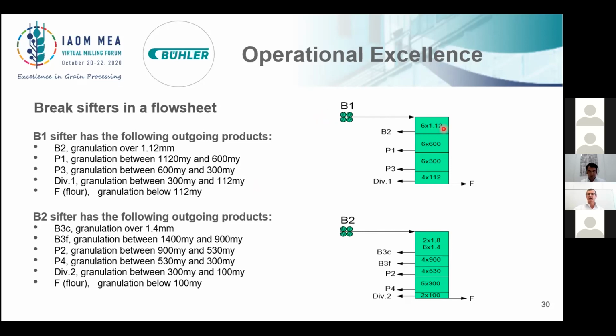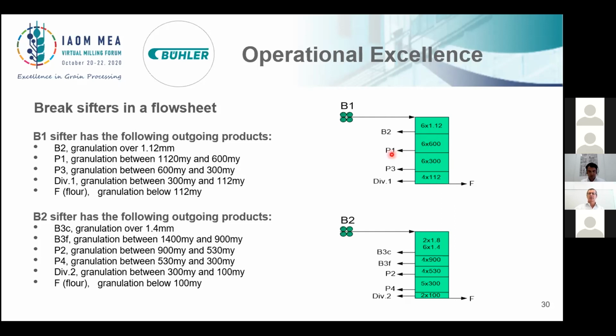So 1.12 means 1120 microns. Usually the scalping sieves are wire mesh, and wire mesh is very often specified in millimeters, whereas down at 600 micron it is definitely a PA sieve, 300 micron, 112 micron.